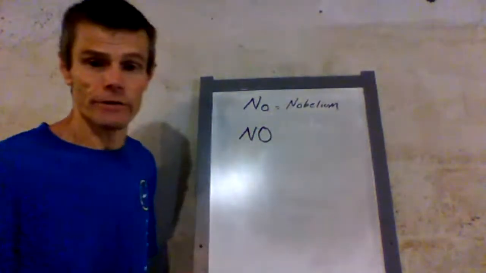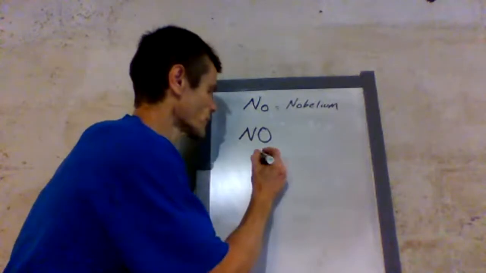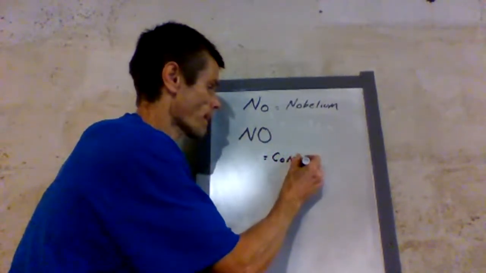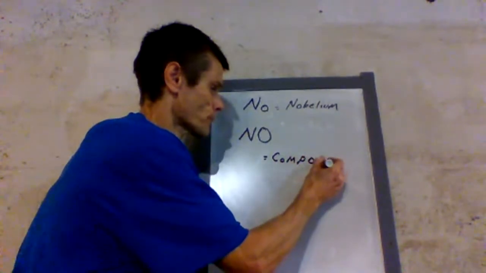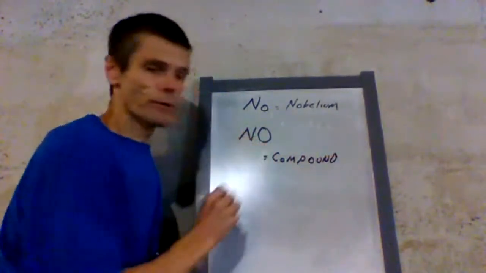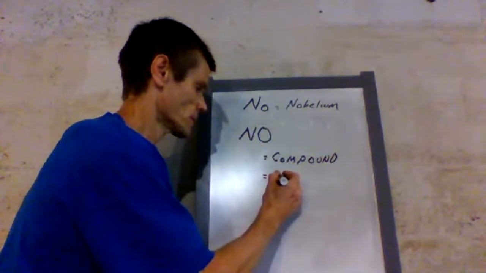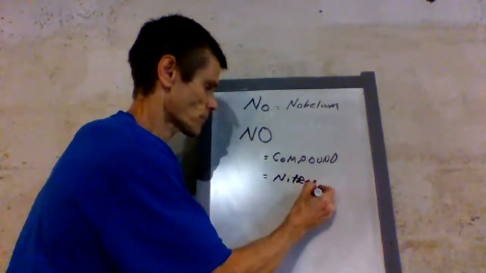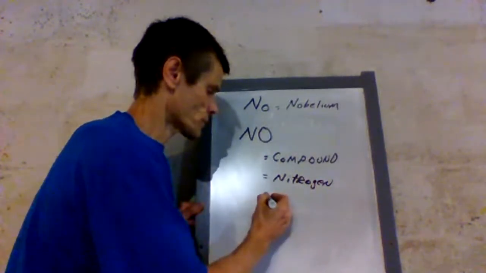And capital N, capital O is different. Two capital letters tells us that this is a chemical compound. It's composed of two different elements, nitrogen and oxygen.